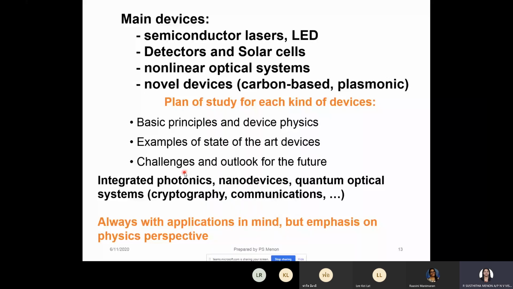So basically, it comprises integrated photonics, nano devices, quantum optical systems, which is about cryptography and also communications. So we always look at the applications in mind, but the emphasis is on the physics of it.